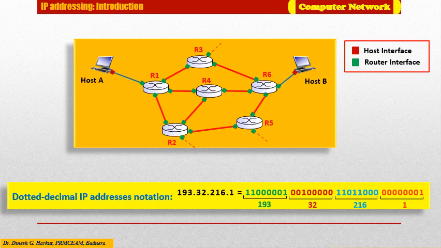Before discussing IP addressing, however, first we will see how hosts and routers are connected into the network. The host typically has only a single link in the network. When IP in the host wants to send a datagram, it does so over this link.